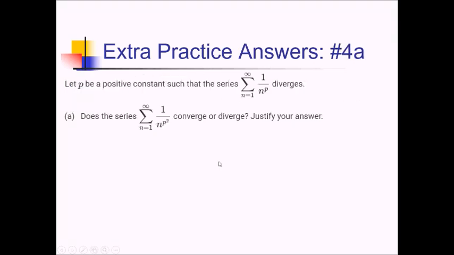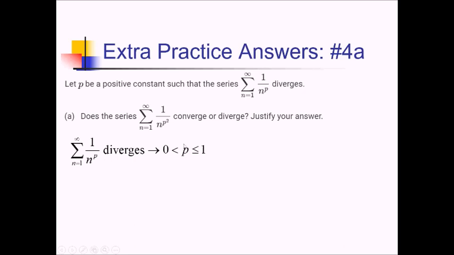On this free response problem, we have a positive constant p, and we're given the series 1 over n to the p that diverges. First task is to figure out if the series 1 over n to the p squared converges or diverges. Well, since this original series diverges, and it's a p-series, that tells us that this p-value must be somewhere between 0 and 1, including 1.